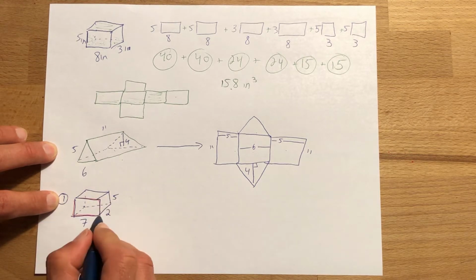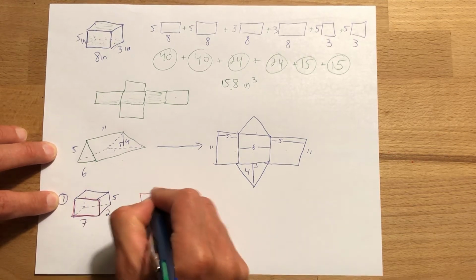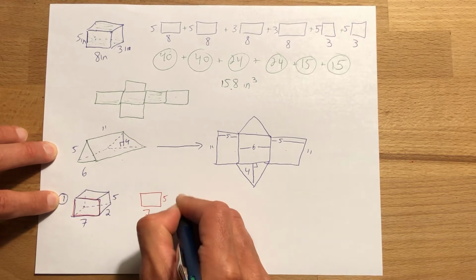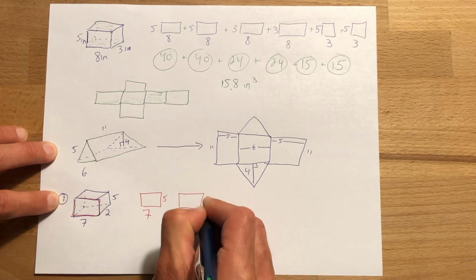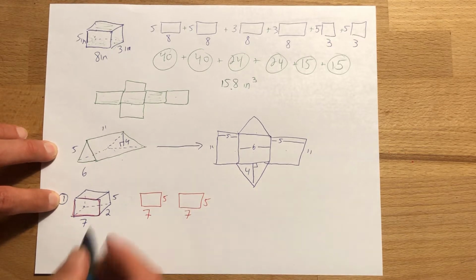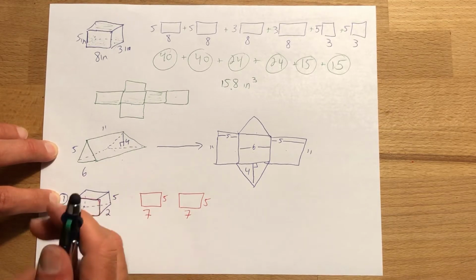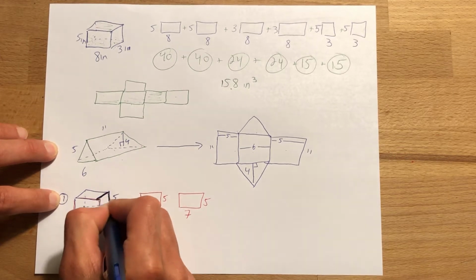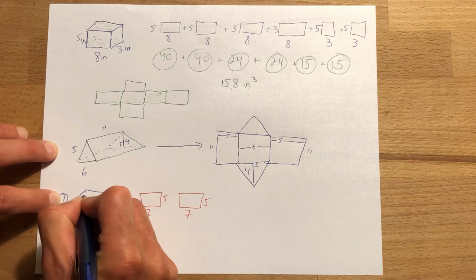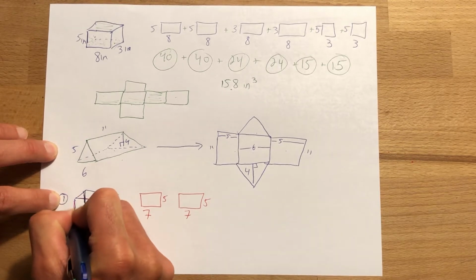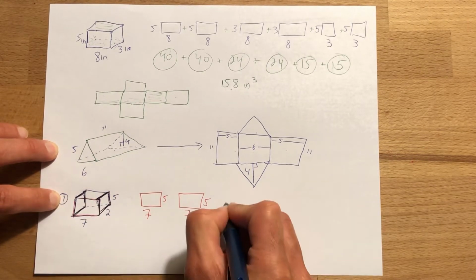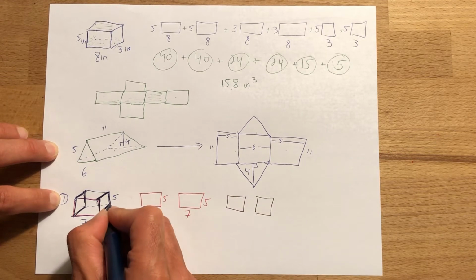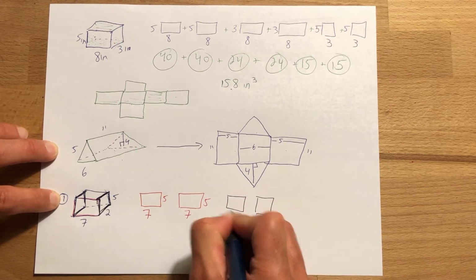This is base times height, which is 7, the height is 5. But I have 2 of these. And now I'm going to take this right here and this back one right here, which are exactly the same. So I'm going to draw these 2 smaller ones where the base is 2 and the height is 5.